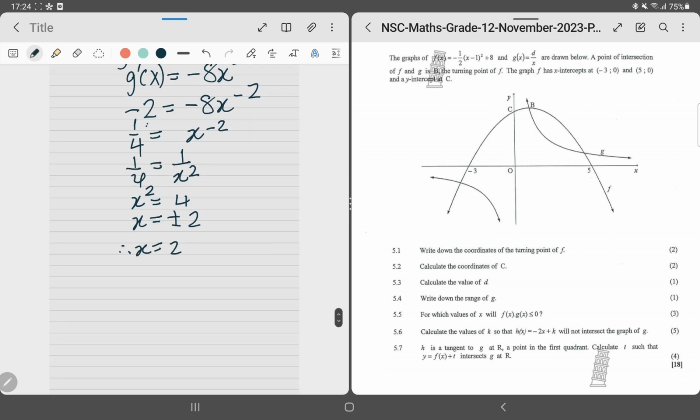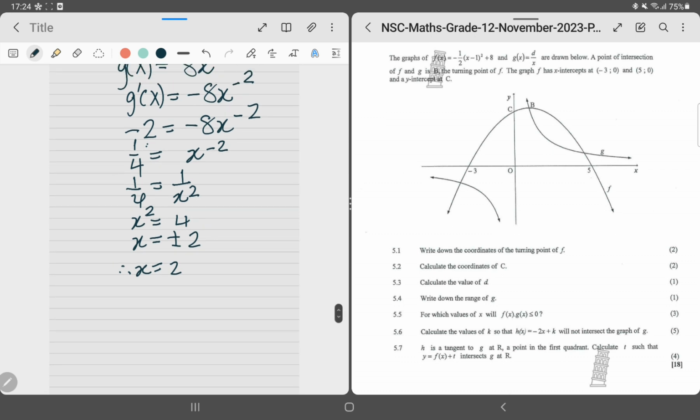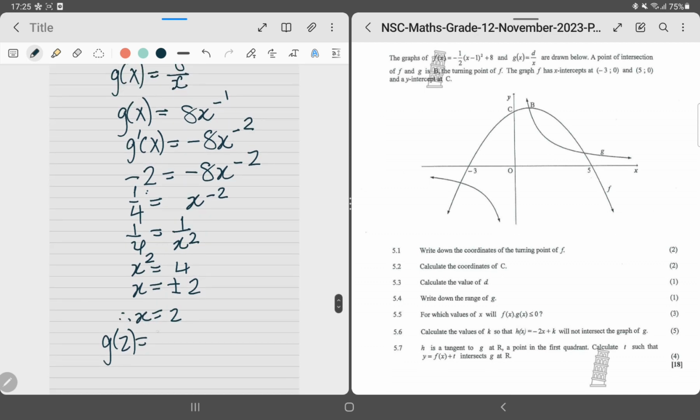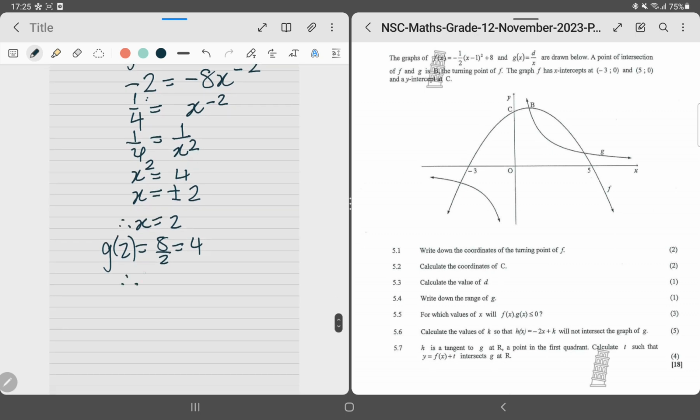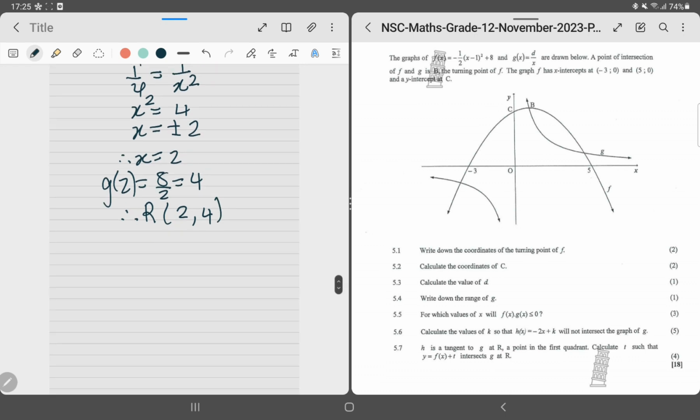So what is the y value when x is equal to 2? So g at 2, we need to use g, not f. g at 2 should be equal to 8 over 2, which is equal to 4. This means that the coordinates of R are given by (2, 4).